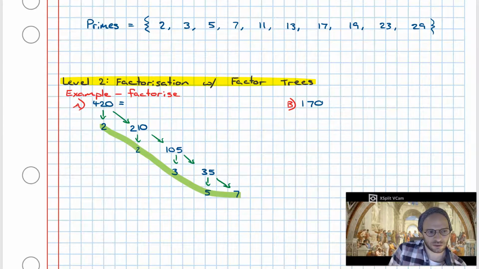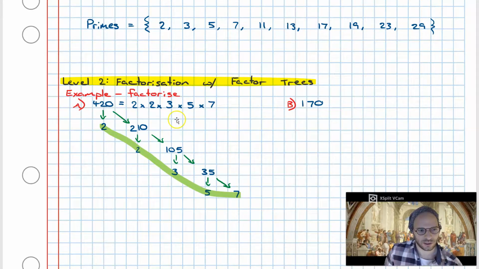So we can say 420 is simply 2 multiplied by 2, multiplied by 3, multiplied by 5, multiplied by 7. By following this algorithm, it's possible to factorize really large numbers and never miss any of the factors along the way.